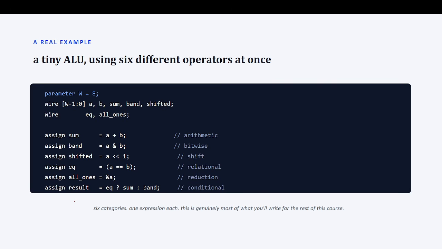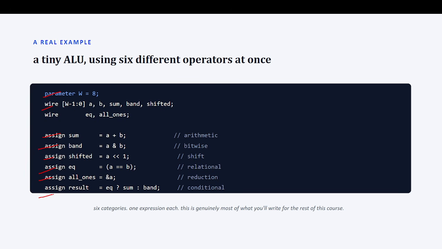Parameter W equals 8, wire [W-1:0] A, B, sum, band, shifted, wire EQ, all ones, assign sum = A + B, assign band = A & B, and assign shifted, assign EQ, assign all ones, assign result. So in this we are using all the operators we have studied.